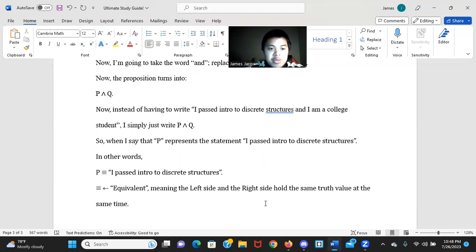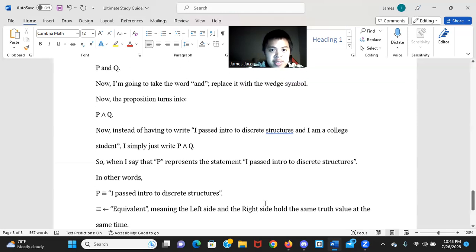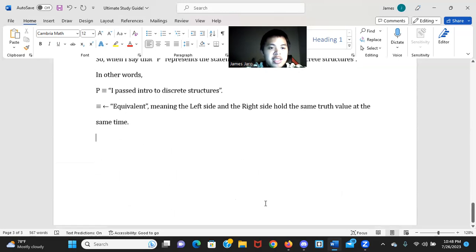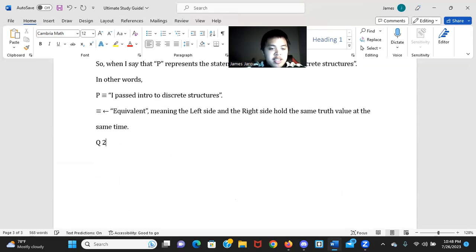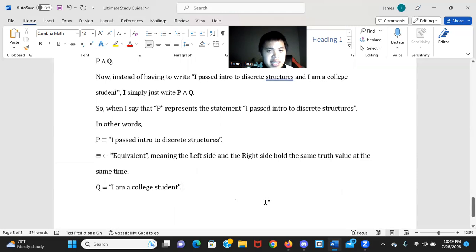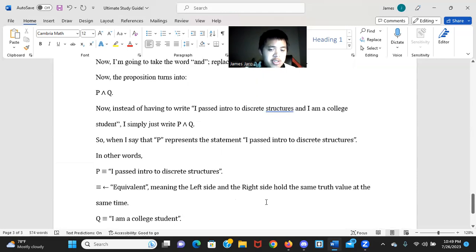So instead of saying Q represents the statement I am a college student, now Q is equivalent to saying I am a college student. And so now we know that P is equivalent to I passed introduction to discrete structures, and Q is equivalent to I am a college student. And that's really useful.